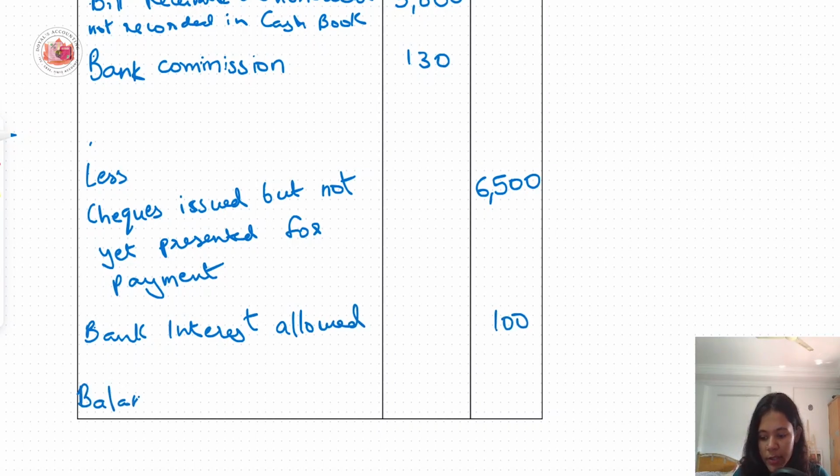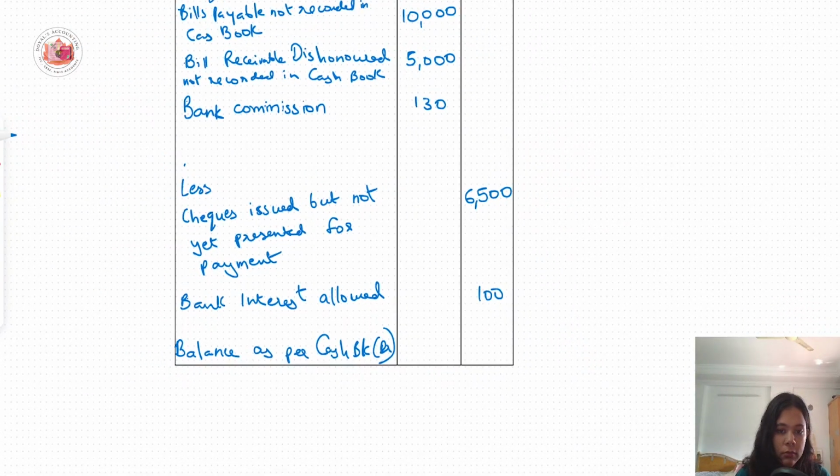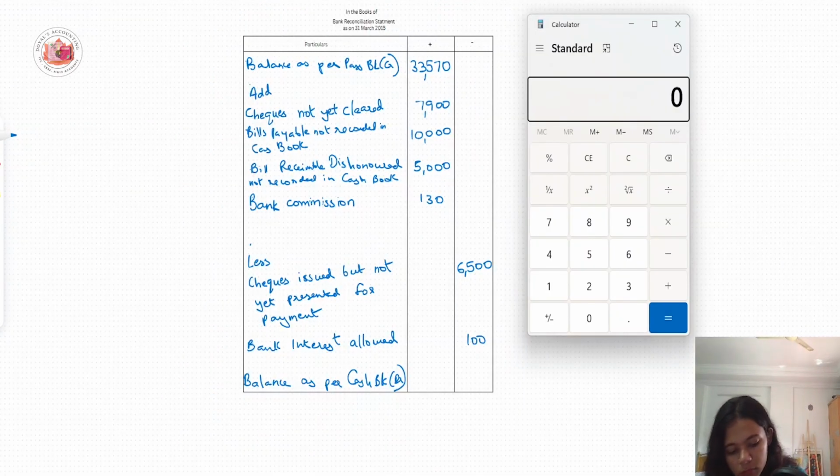Balance as per cash book. It should be a debit balance only, because they have given that in the question. 33,570 plus 7,900 plus 10,000 plus 5,000 plus 130 minus 6,500 minus 100, which gives me 50,000.